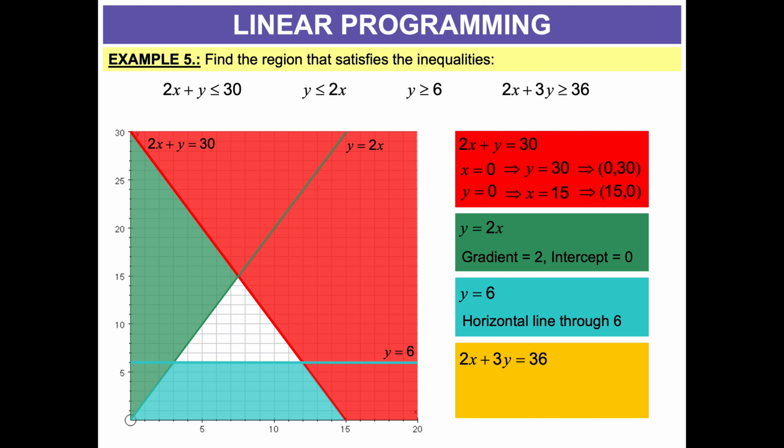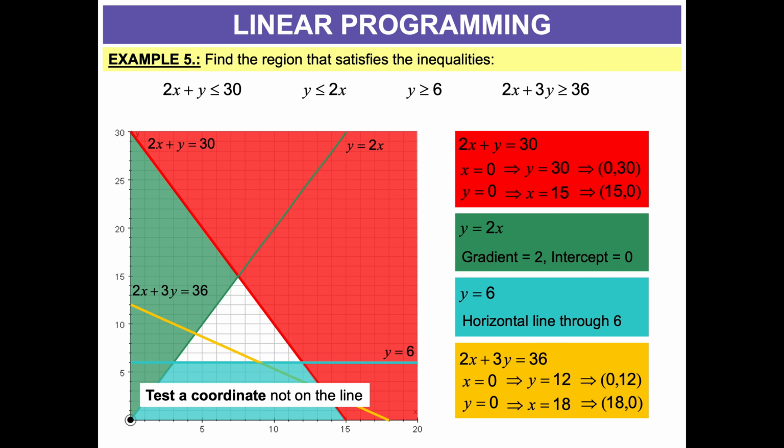And last one, I have 2x plus 3y is greater or equal to 36. So I find the intercepts. It's 0, 12 for y-intercept, and then 18 and 0 for the x-intercept. Sketch the line, and then we're going to test one of the points. Again, it's a good idea to test origin because it's not on the line.